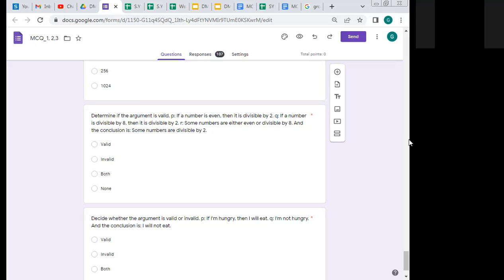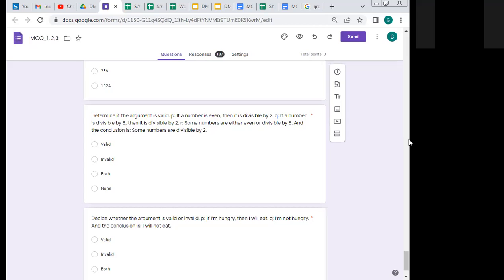Number divisible by 8 is C, and C implies B. So Q is C implies B.